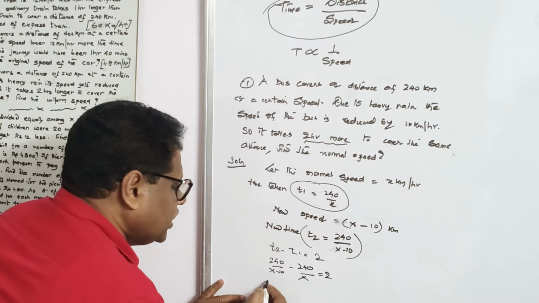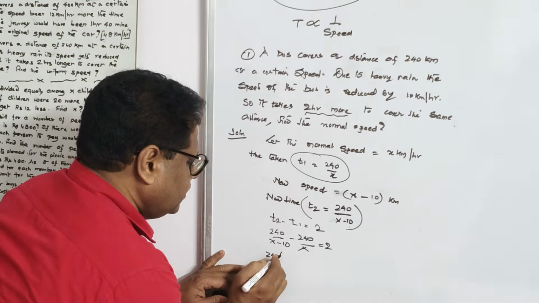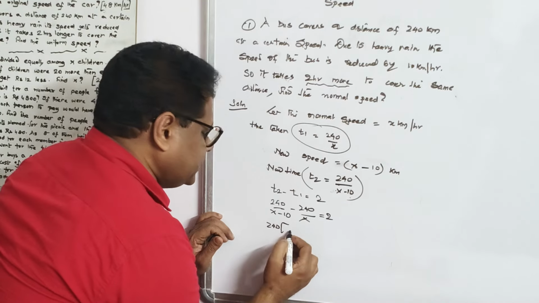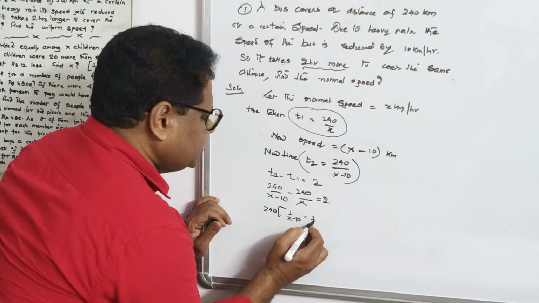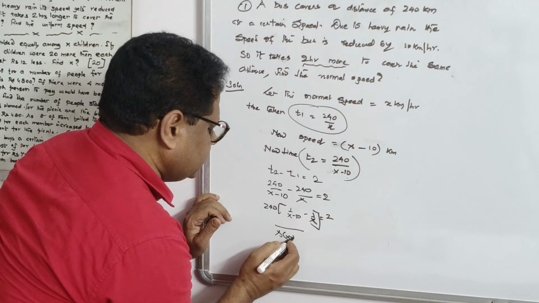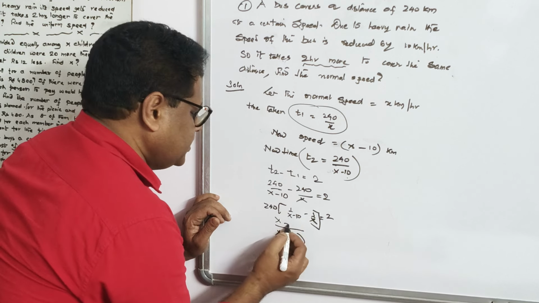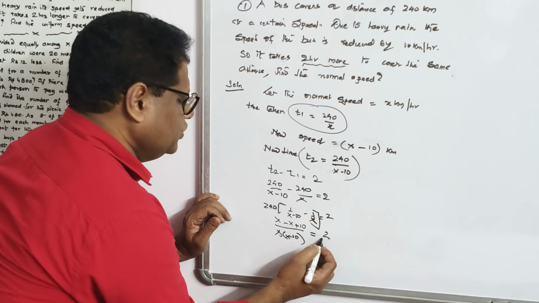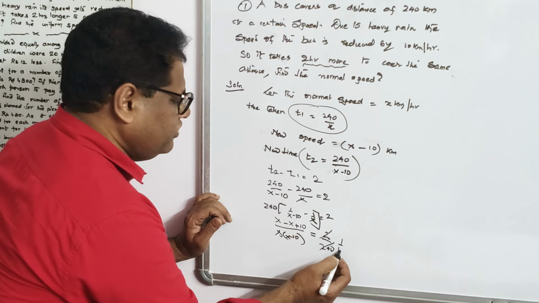Now you can take 240 common. Don't make the calculations complicated. If you take 240 common, it is 1 by x minus 10 minus 1 by x equals 2. Now this brings the equation x into x minus 10, and in the numerator we have x minus x plus 10, equals 2 by 240, which is 1 by 120.